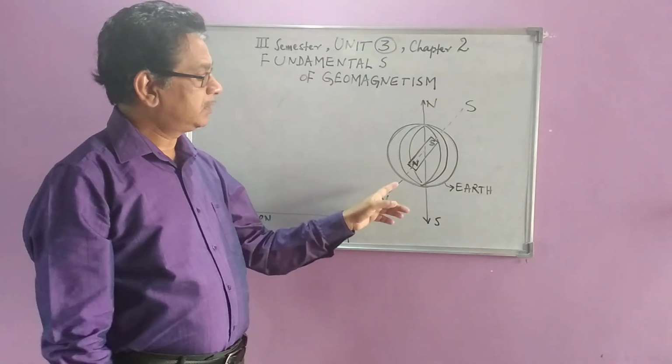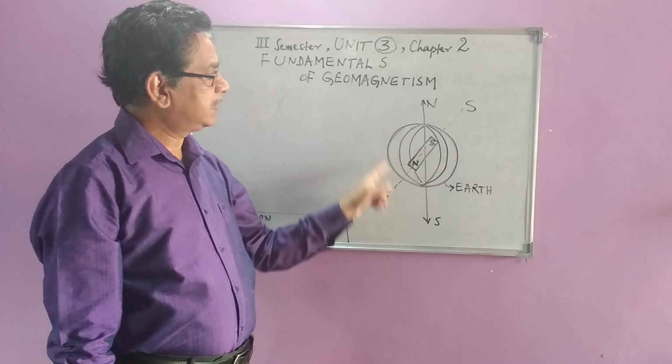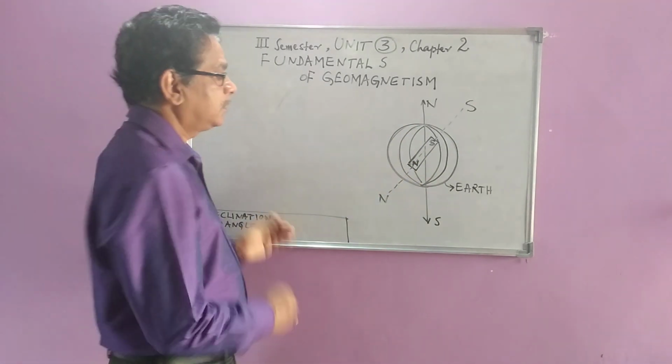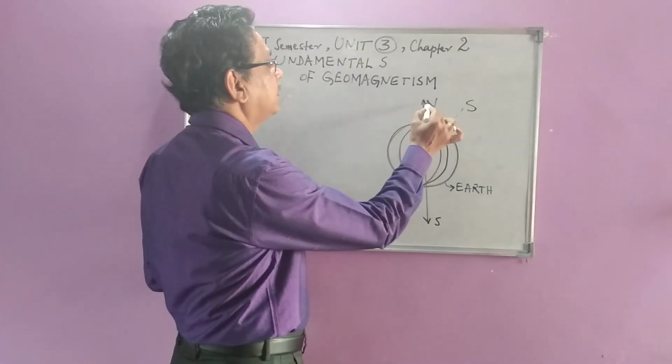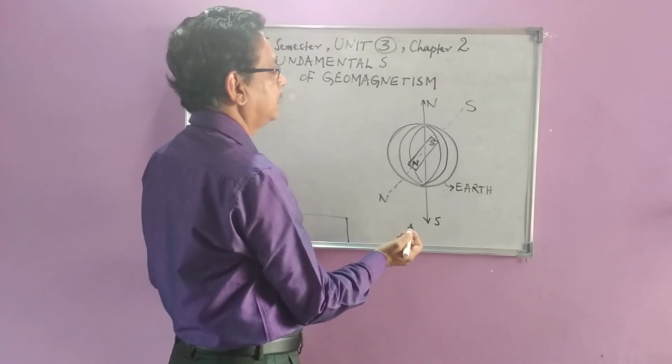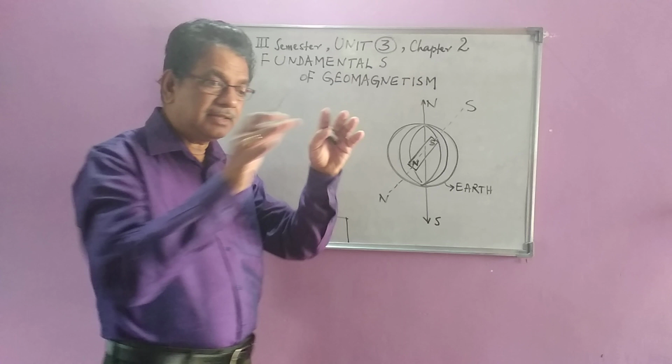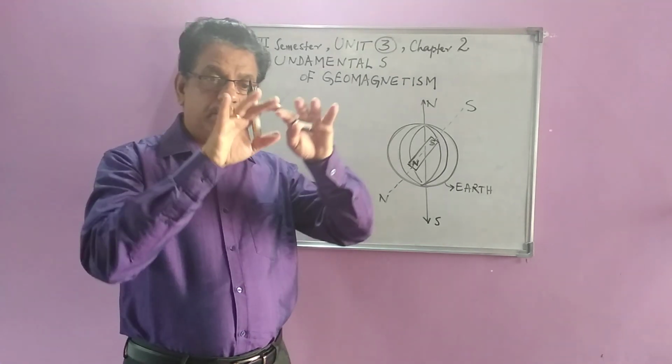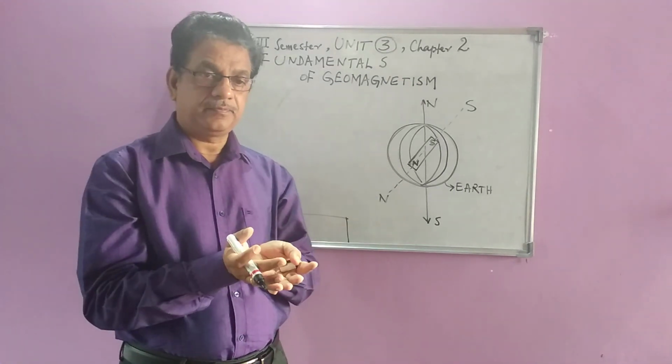Now, we know that for Earth, you have got geographic north, geographic south. And this Earth has got a magnetic field surrounding it.